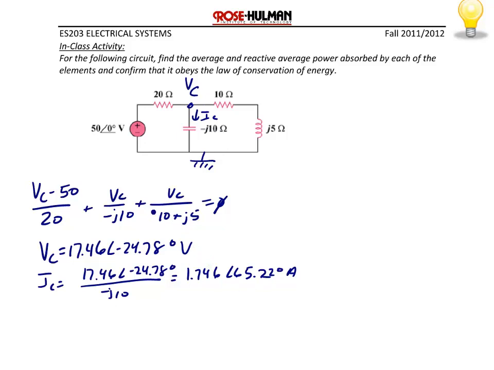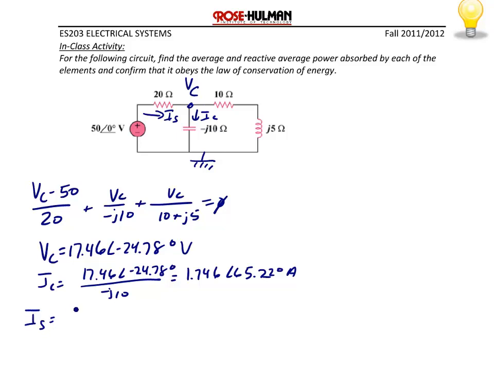So there's only one element that can deliver power, and it's the voltage source. Although inductors and capacitors can release energy back into the circuit, that would be energy that's stored from the voltage source. So we assume the only element that delivers power would be the 50-volt source. So now that I know the voltage across the capacitor, I can find the current from the source, which is also the current through the 20 ohm resistor.